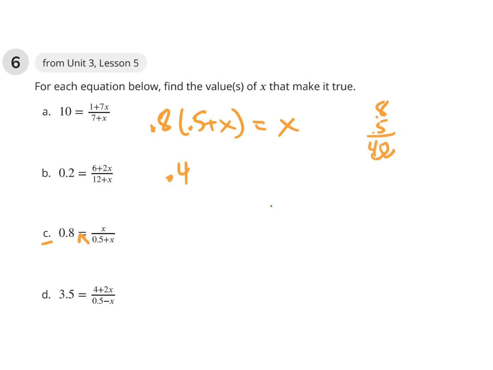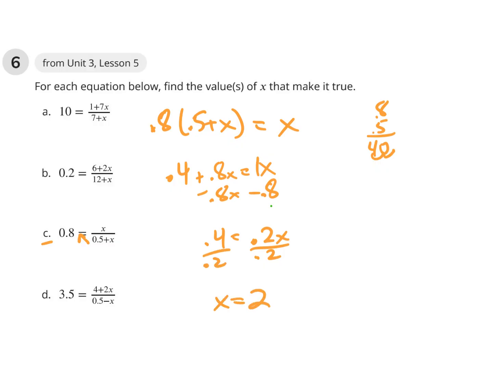So 0.4 plus 0.8x is equal to x. Subtract 0.8x, subtract 0.8x. We get 0.4 is equal to 0.2x. Divide by 0.2 on both sides, and x is equal to positive 2.